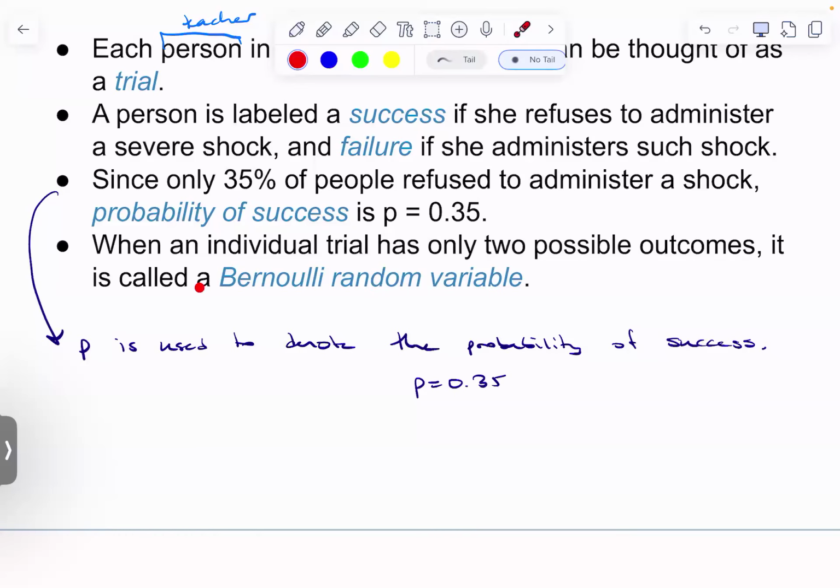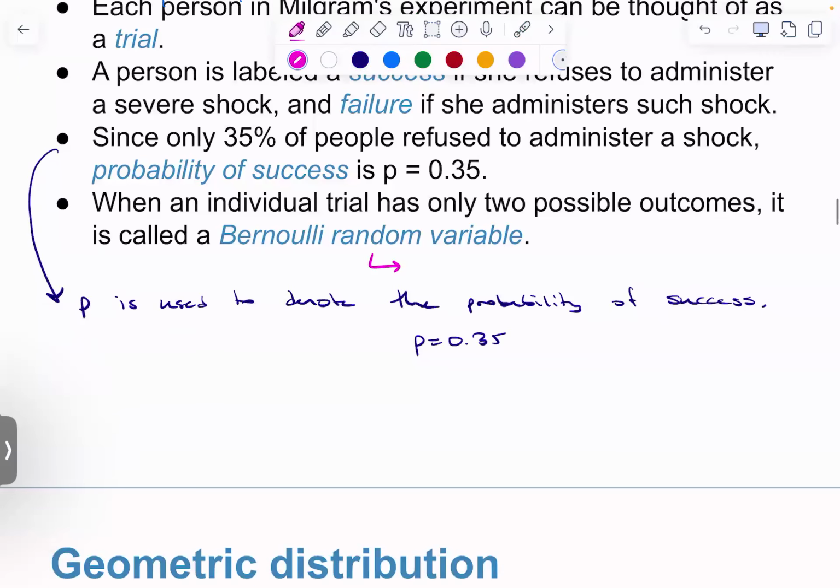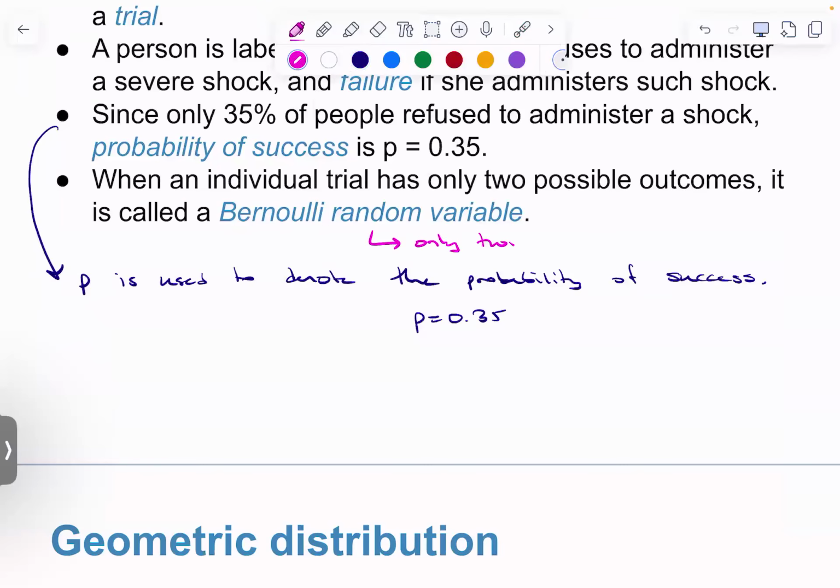Now, we've already seen this kind of success-failure situation. When an individual trial, each teacher that steps into the experiment, has only 2 possible outcomes, they either shock them or they don't, so a failure or a success, it's called a Bernoulli random variable. Only 2 possible outcomes is what it summarizes to: success, failure.